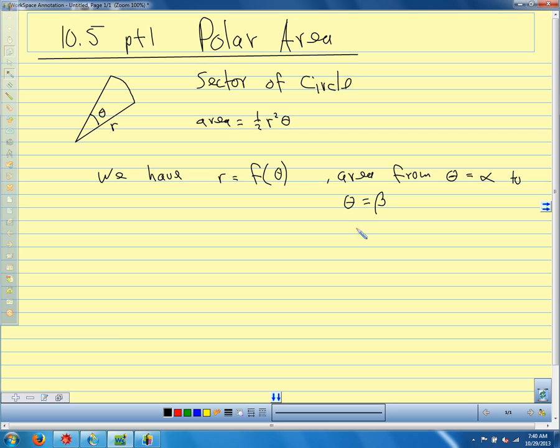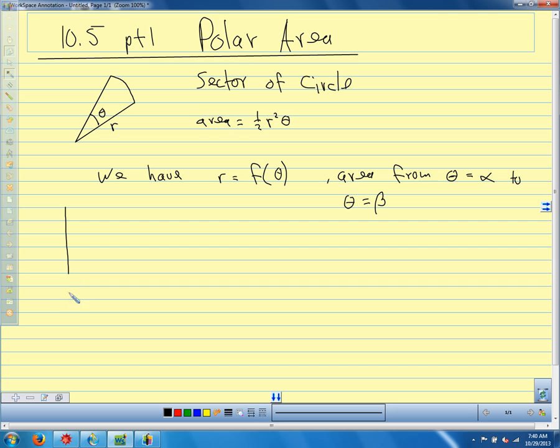We did this a lot already: we're going to subdivide our region into n subintervals, sum the area of those little sectors over that region, and then take the limit as our subintervals get smaller and smaller.